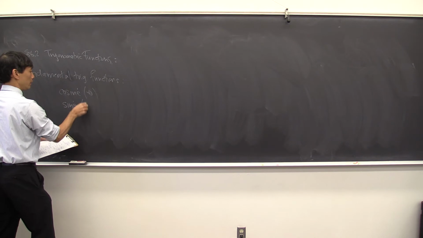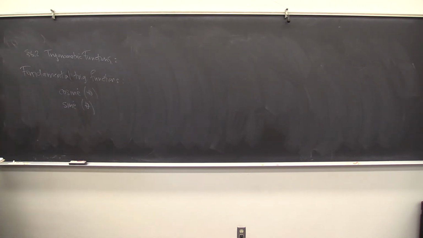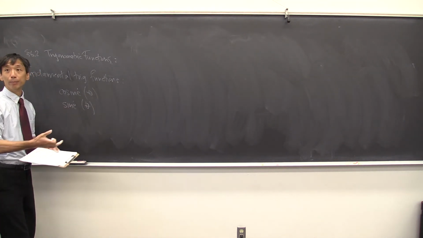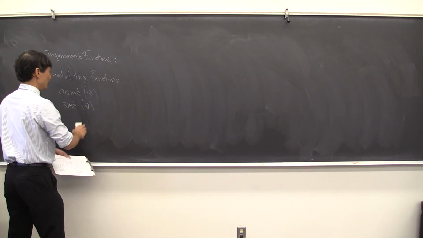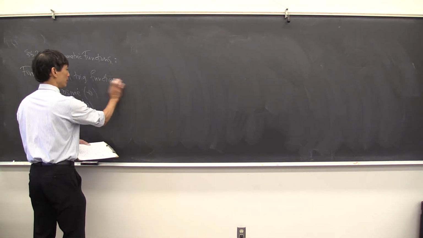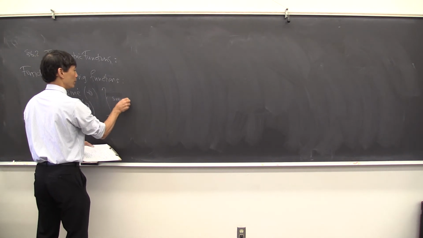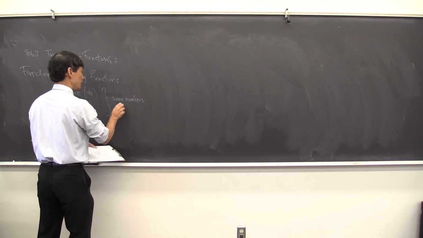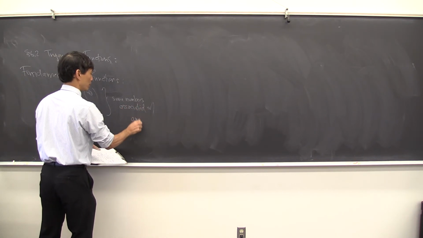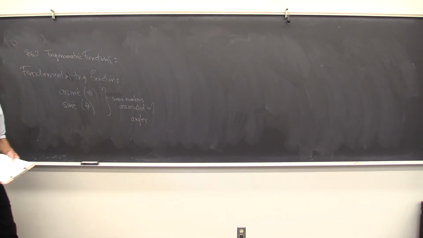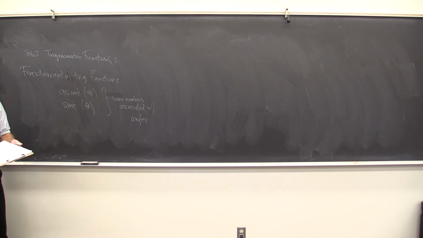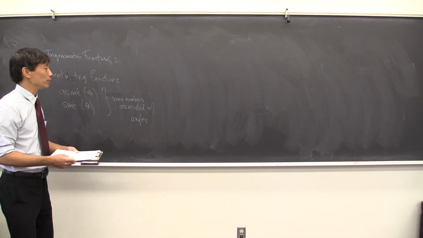So cosine theta and sine theta. What they are is things that take in angles and give you back numbers. These are some numbers associated with angles. Like cosine of pi/2, cosine of pi, cosine of 2 pi, whatever.